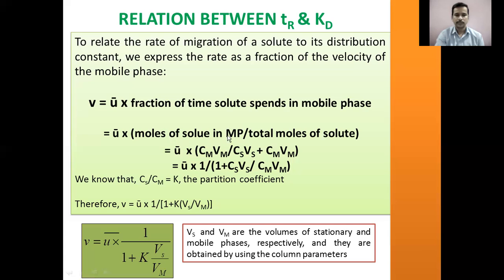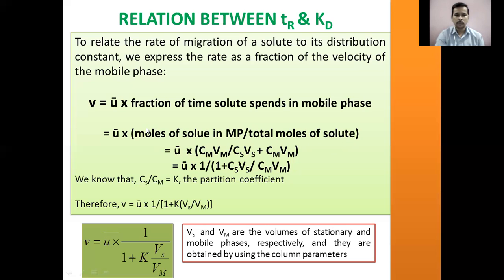Therefore, that kind of solute will spend its time in the mobile phase. And even solutes which have greater affinity towards the stationary phase will also, at one particular stage, come to the mobile phase. Therefore, the moles of solute in the mobile phase divided by total moles of solute.